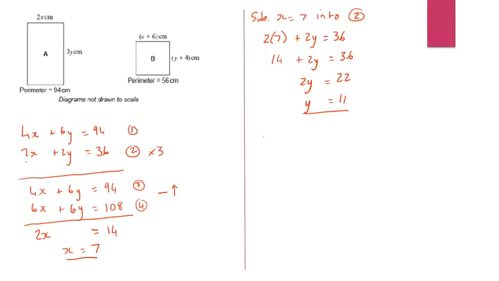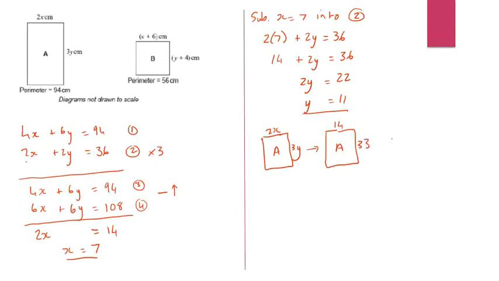But if you remember back, they asked us to calculate the area of each shape. So if I focus on shape A first, 2x and 3y. Now, if I substitute x as being 7, so 2x would be 14, and then 3y is 3 times 11, so that would be 33.